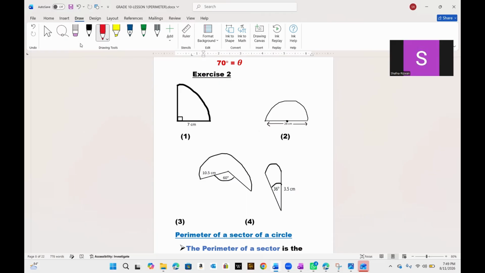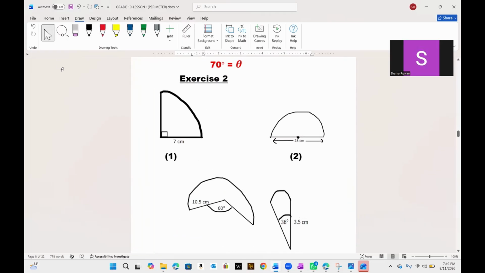Remember, nicely see this one, it is not your radius. See how they have given it. It is your diameter. If this is your diameter, then radius is 28 divided by 2, which is 14. So 14 centimeter is your radius.